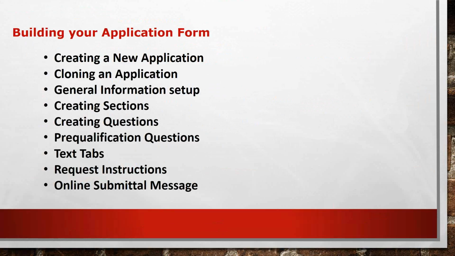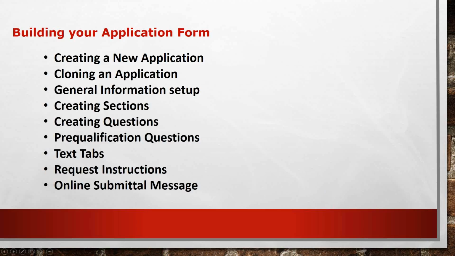Then we'll talk about creating sections, how to create questions, and pre-qualification questions, what those are and how you would set those up, as well as text tabs, what those are and how they can be used, request instructions, which are the instructions to the applicant if you have request sections, and then also the online submittal message. These are the key components that are used to build a basic application form.